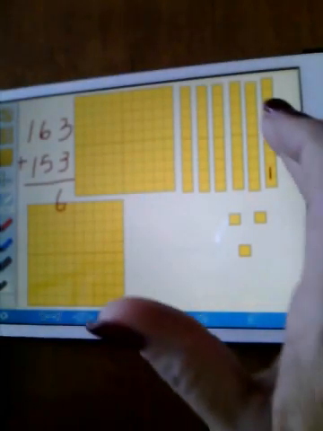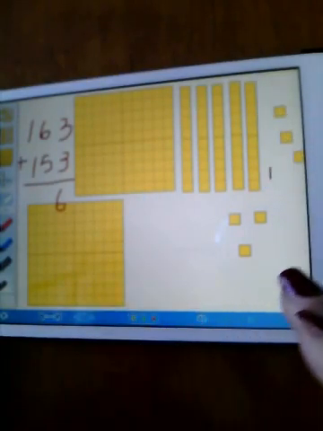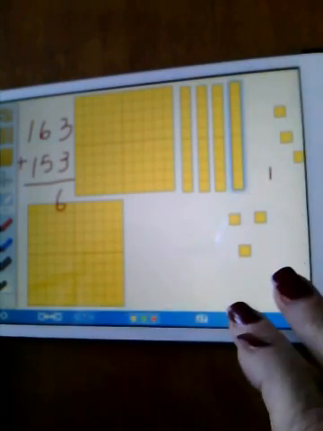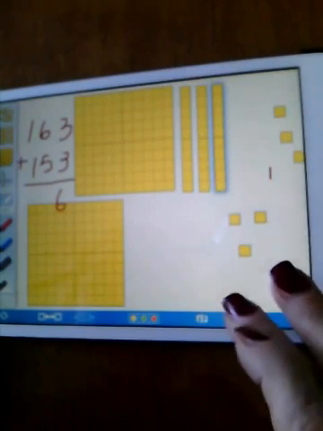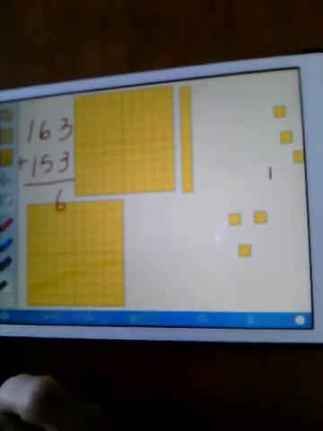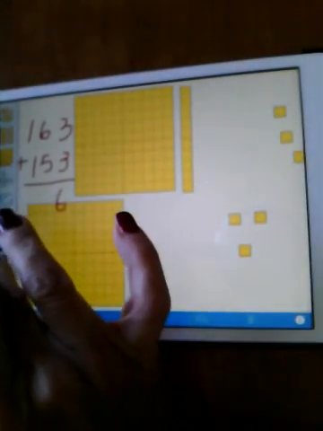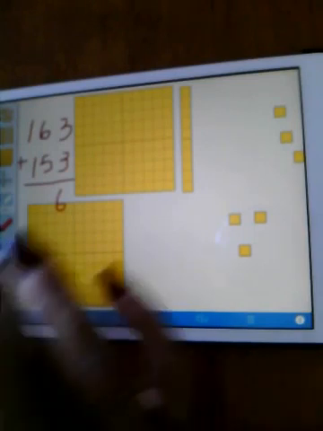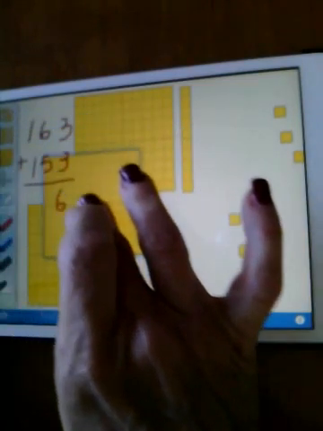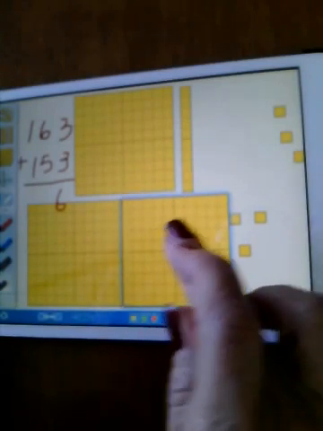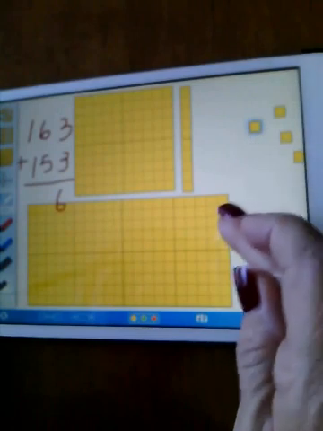There's 5 we're taking out. There's 6. There's 7. There's 8. There's 9. And there's 10. So we've taken out 10 10 sticks. And in place of those 10 10 sticks, which are equal to 100, we are going to bring in a 100 block. Okay, let me move these guys back up here a little bit.